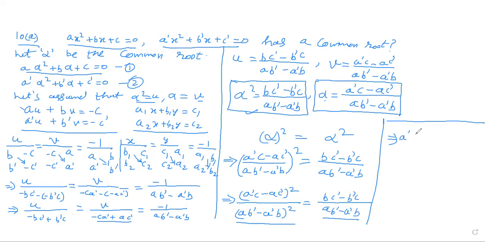So it is (a'c − ac')² over (ab' − a'b) equals (bc' − b'c), and cross multiplying we get (a'c − ac')² equals (bc' − b'c) multiplied by (ab' − a'b).